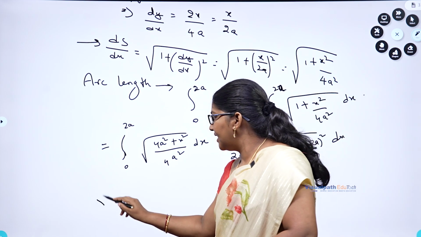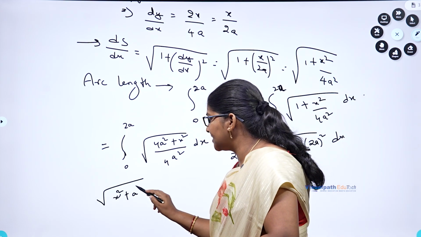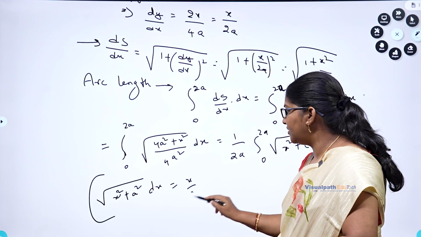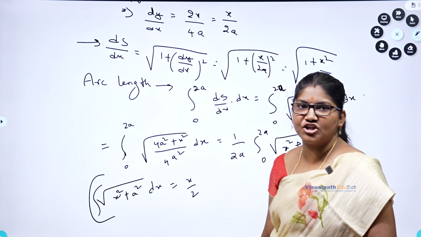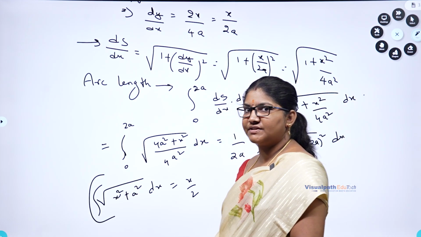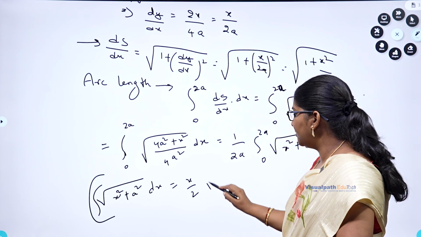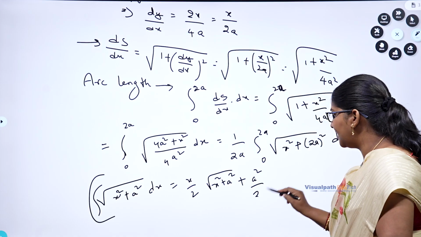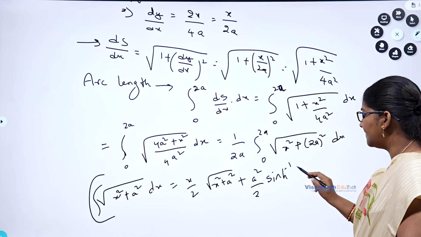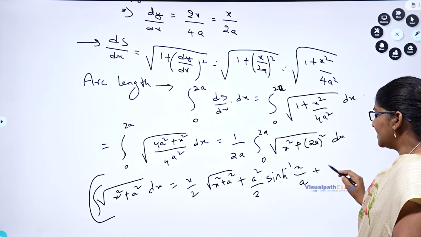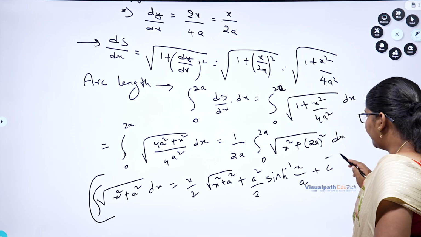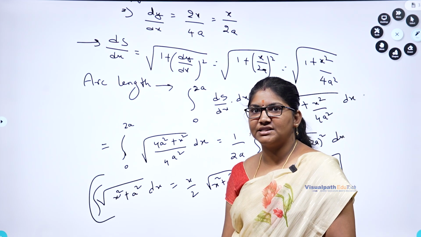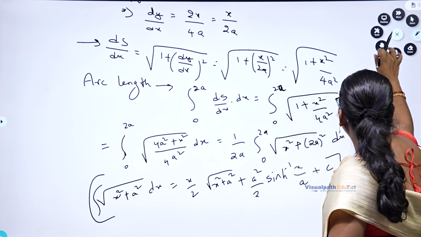We know one formula: integration of the square root of x square plus a square into dx is x by 2 times the square root of x square plus a square, plus a square by 2 sinh inverse x by a, plus a constant.